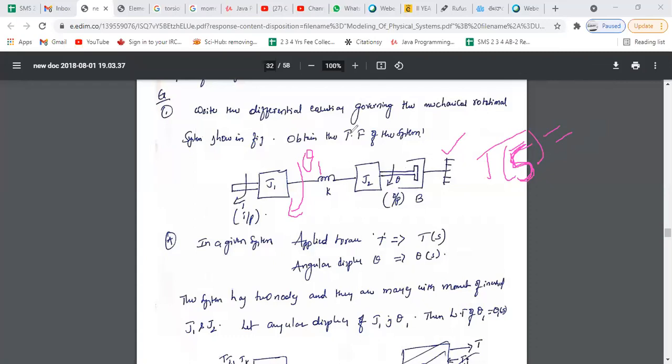Theta of S by tau of S, where the output is the angular displacement and the input is the torque. So how many nodes? Two nodes. So we have to take displacement theta1. Consider, assume.